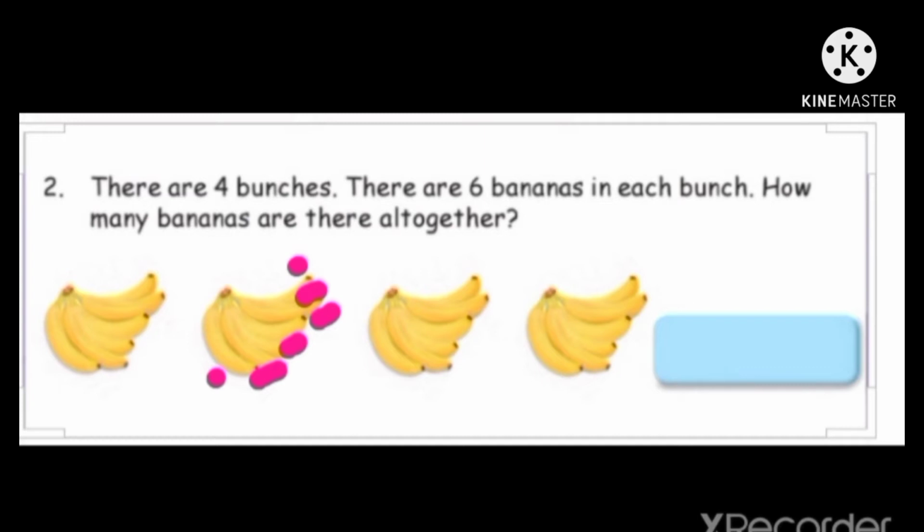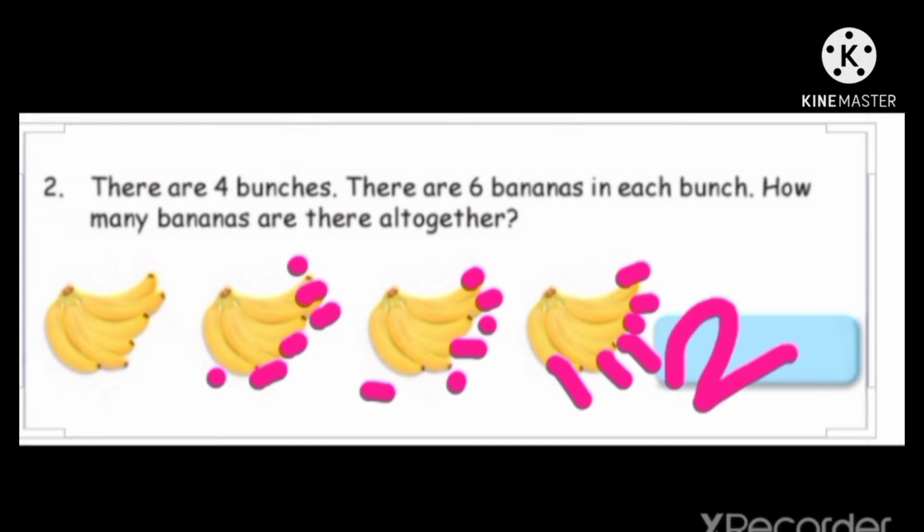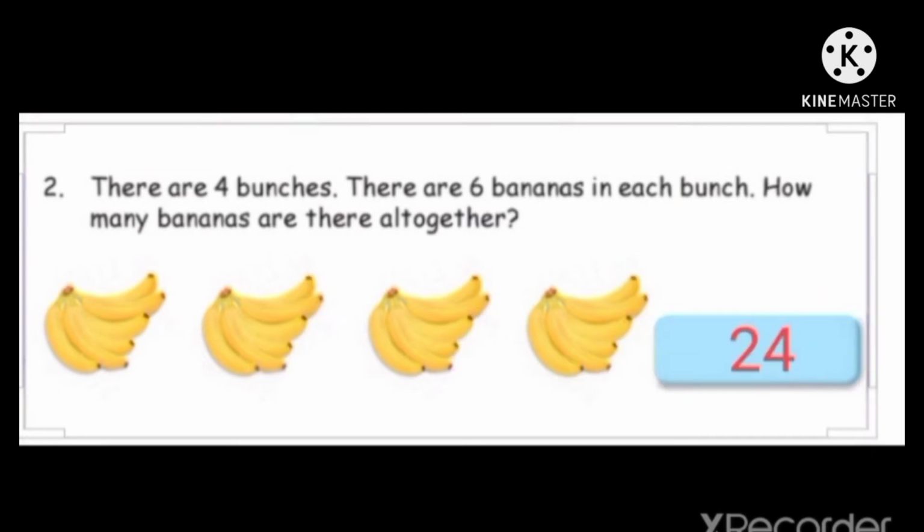Third group. 12, after that 13, 14, 15, 16, 17, 18. 18, after that 19, 20, 21, 22, 23, 24. So total bananas 24. So the answer is 24.